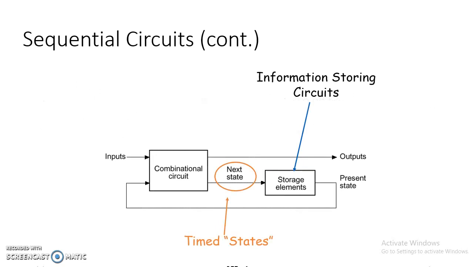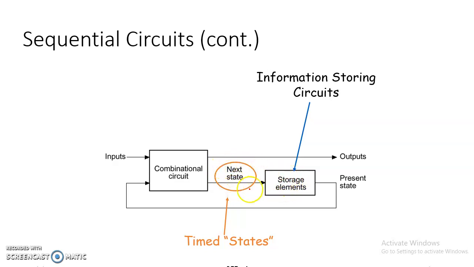Now, how can I differentiate them in terms of block diagram? In the block diagram, a sequential circuit is a combination of combinational circuit plus storage element. This storage element is nothing but a flip-flop, which can store a single bit of information. Input is given to the combinational circuit, which is made up of a combination of gates, and one part of its output goes to the storage element.